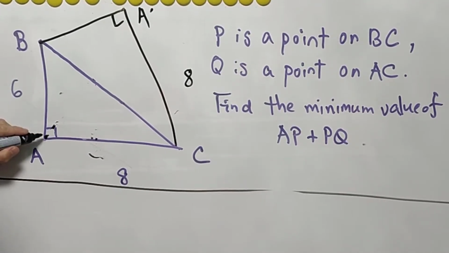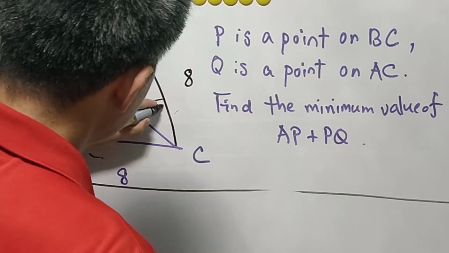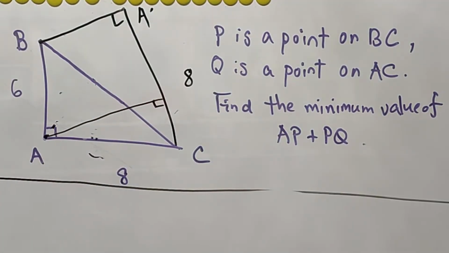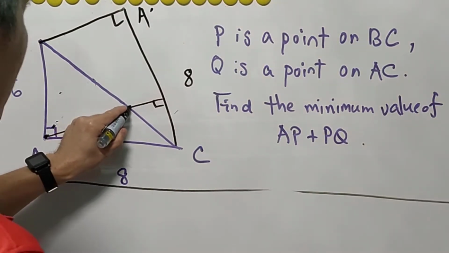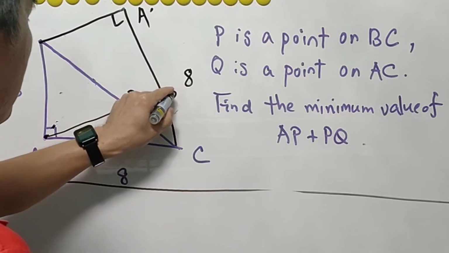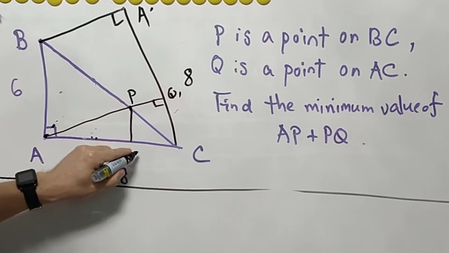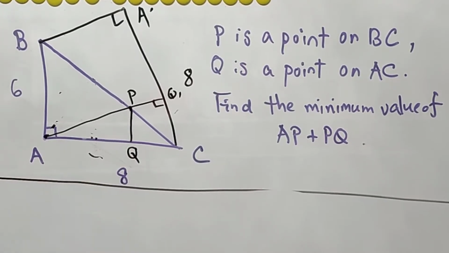If we join A to A prime C in such a way that this is a 90 degree angle, then we claim that this is the point P, and this is a point P prime because the corresponding P is here. And we claim that this will be the minimum.